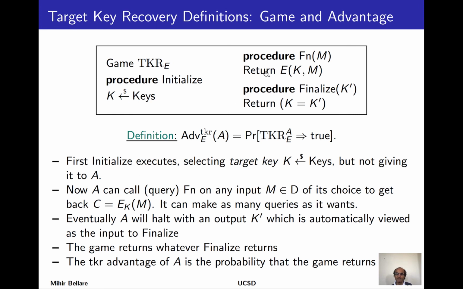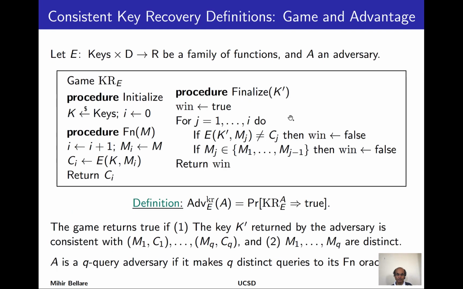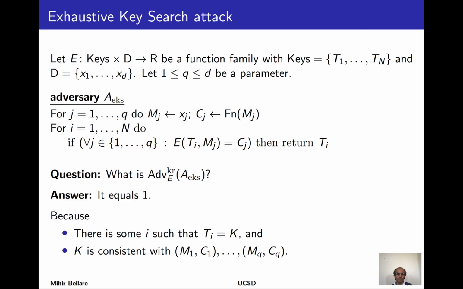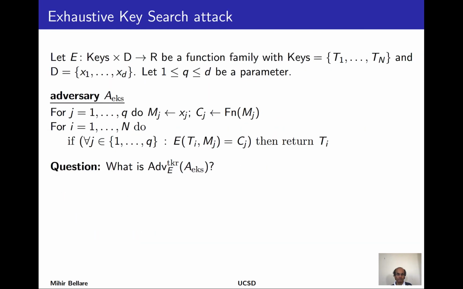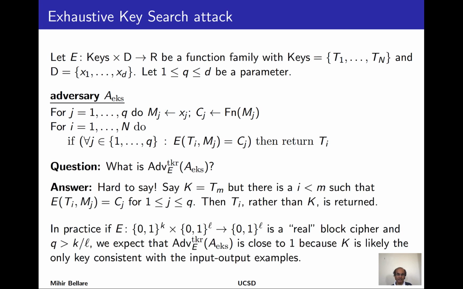Under that, the adversary is getting back examples under the target key, and it wins if it outputs that key. Okay. Well, we can certainly start by reasoning as before. We know that the target key is somewhere in the list. Say it's the ith key. So at some point, the adversary hits that, and then it outputs it. So that means it wins, right?